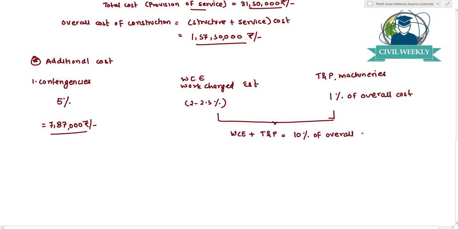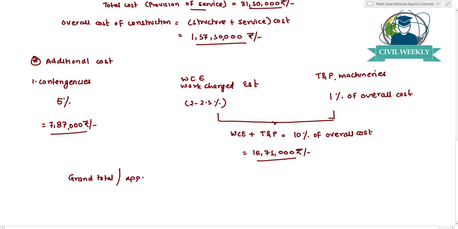So this 10% of 1 crore 57 lakh 50,000 rupees works out to be 15 lakh 75,000 rupees.